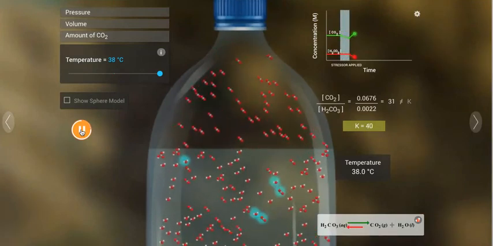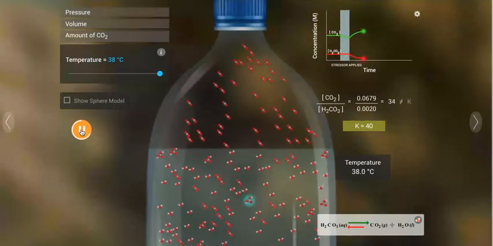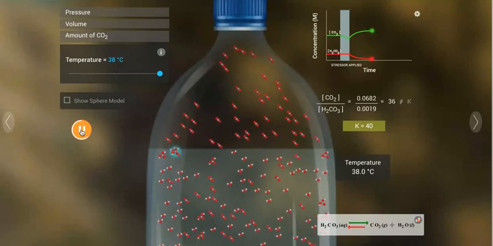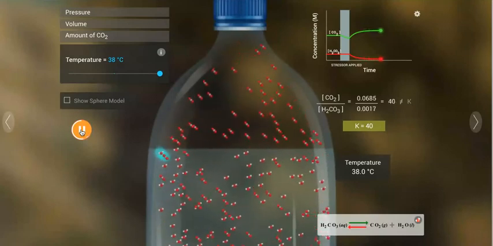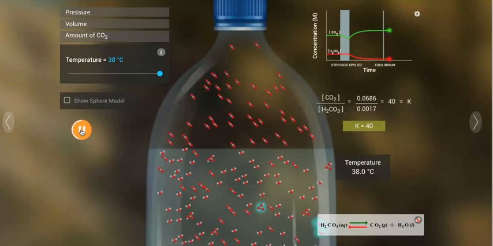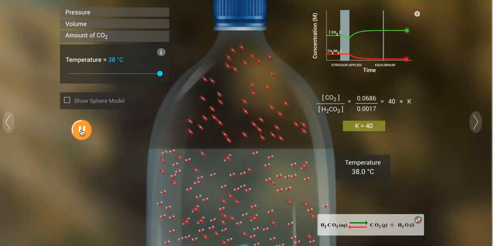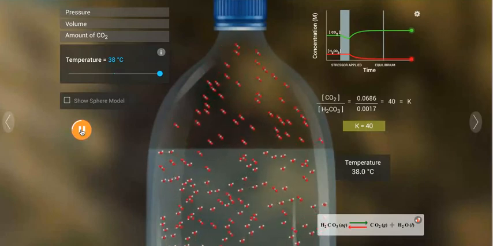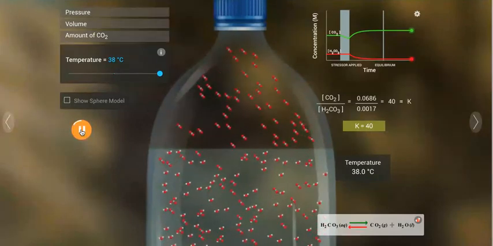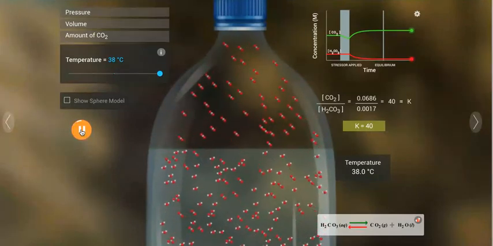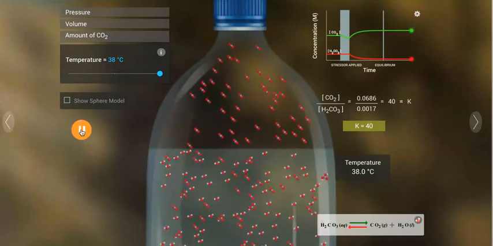So we've applied the stress, and I notice that carbon dioxide concentration is going up, and the H2CO3 concentration is going down, and eventually a new equilibrium is established. Notice this time the KEQ value did change. So temperature is the only variable that causes your ratios to be altered and creating a different value in KEQ.